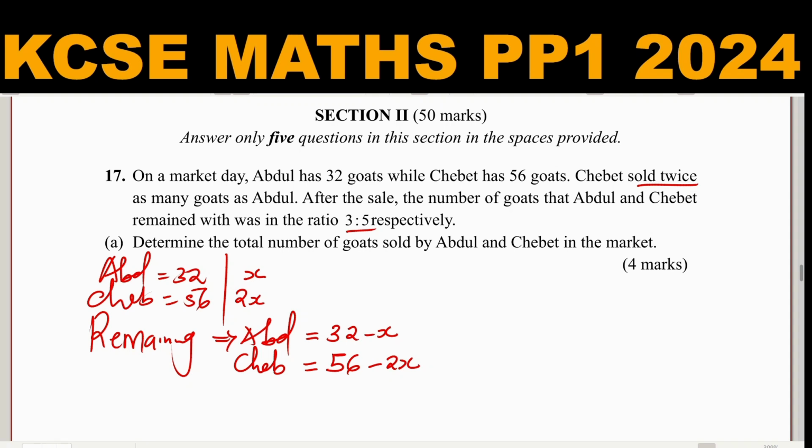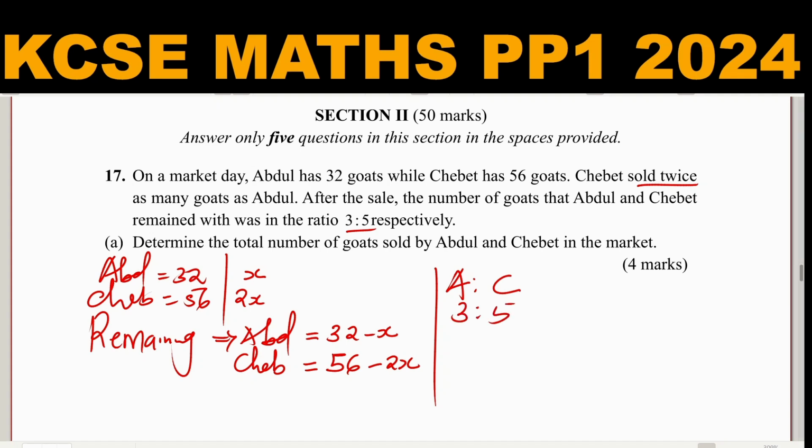Now we're given that the ratio of the remaining goats was 3:5, that is Abdul to Chebet. So this is what you're supposed to have. The ratio of Abdul, A for Abdul, then Chebet, was 3:5.